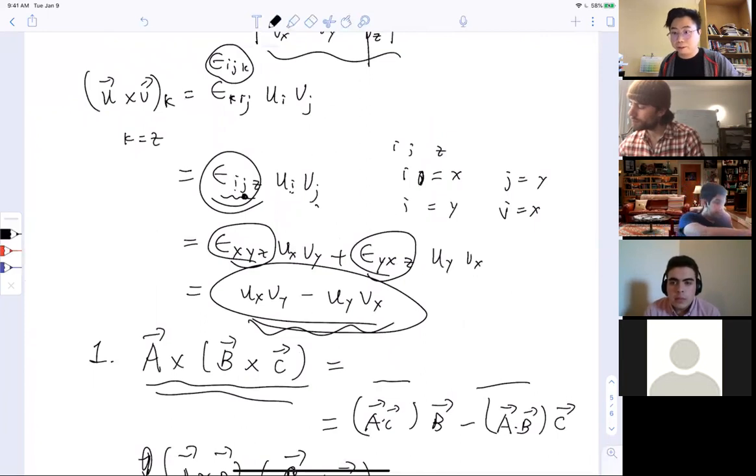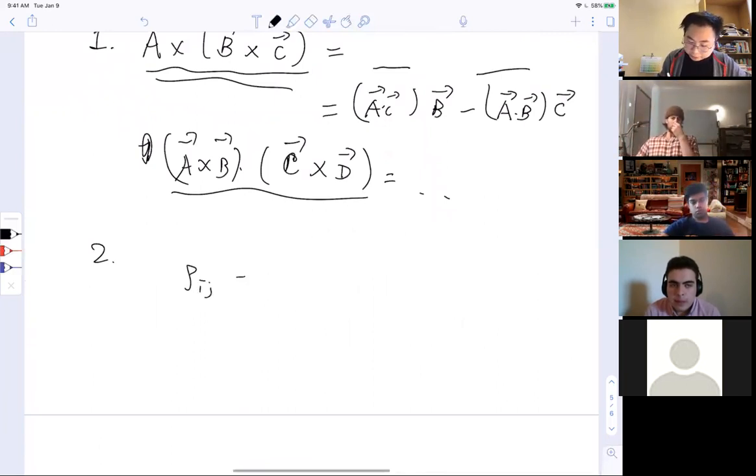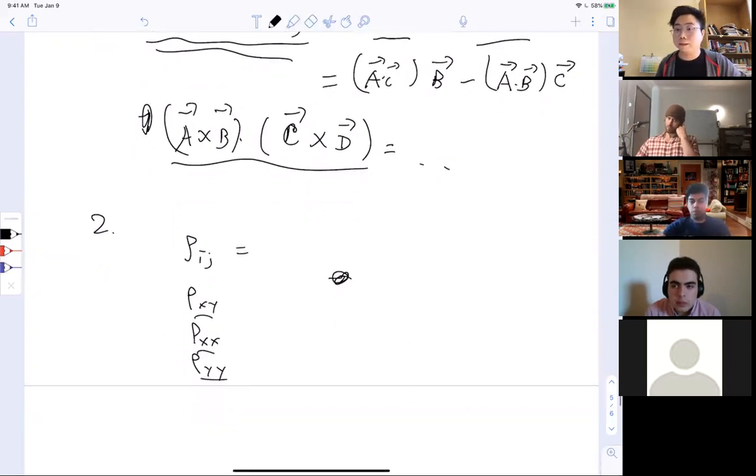For example, if you met tensors in your previous class, you will see ij, like the xy component, xx component, yy component. There's no way to put a vector sign on top of it. It's always in component form.